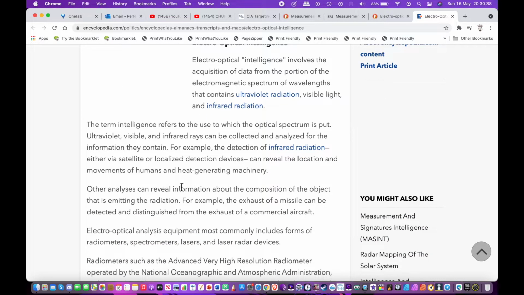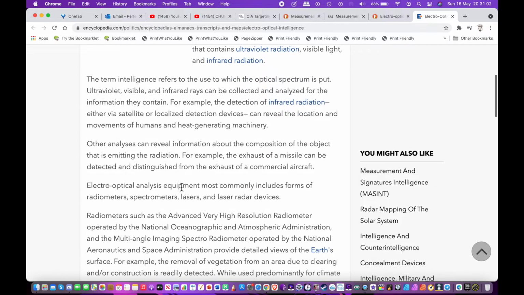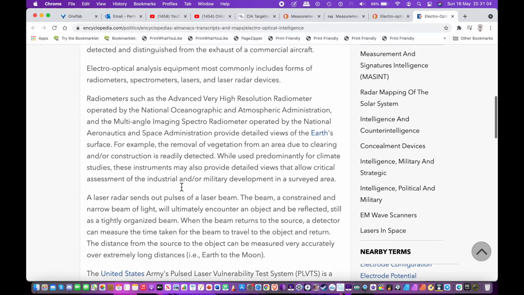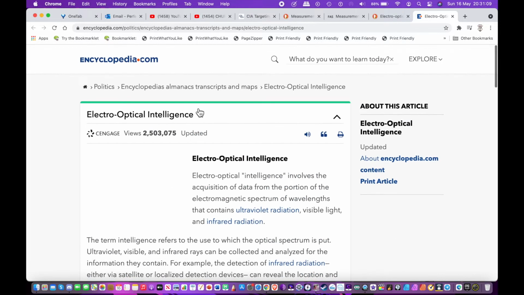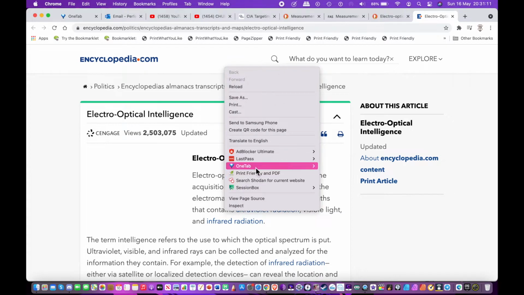The term refers to the use to which the optical spectrum is put. Ultraviolet, visible, and infrared rays can be collected and analyzed for the information they contain. For example, the detection of infrared radiation, either via... this sounds like what we did before, doesn't it? Yeah. Okay. We'll put that away.